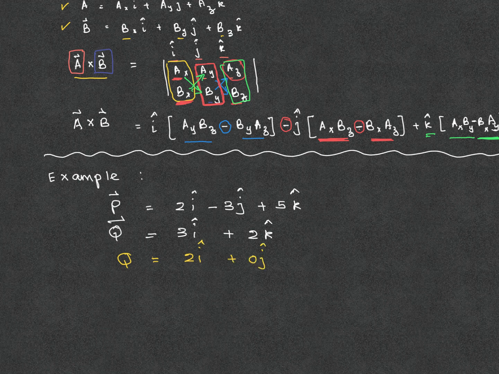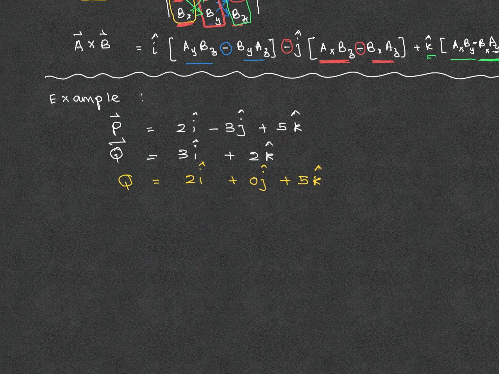So you have 3i hat plus 0j hat plus 2k hat. When you take the product P cross Q, we follow the same form as we used earlier. You write i, j, and k, and then you write the coefficients 2, -3, don't forget that, and 5. And then the Q vector, you have 3 and 0 and 2.